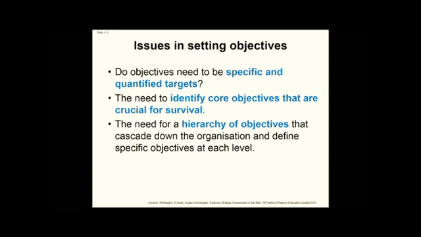You need to identify core objectives that are crucial for survival. Now, in the current regulatory environment, reducing our greenhouse gas emissions by 50% is not crucial for survival. There is no rule from any level of government or the stock exchange saying that companies must reduce their greenhouse gas emissions.